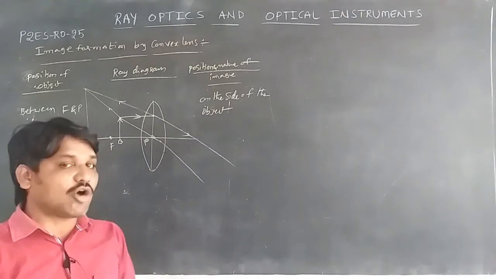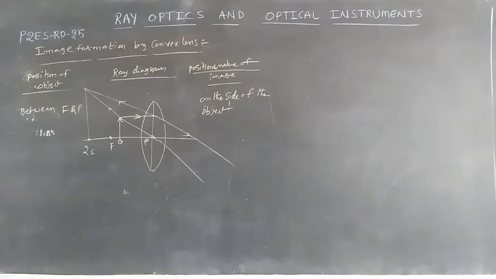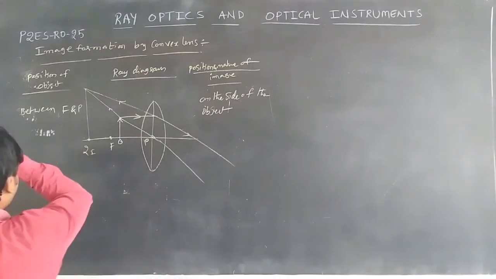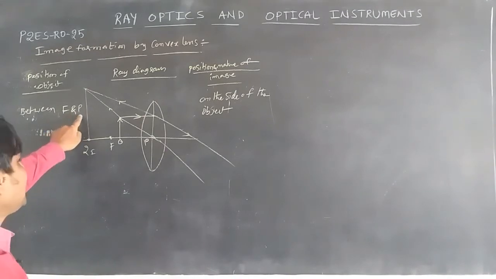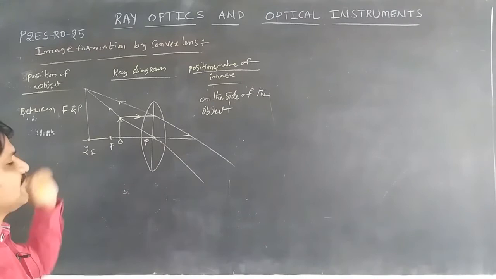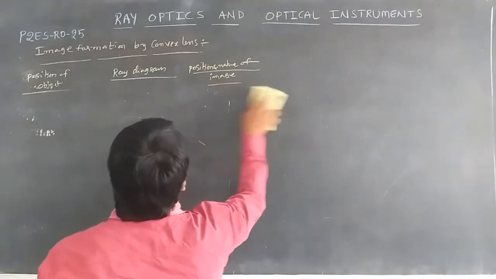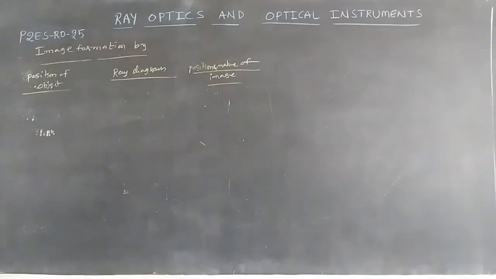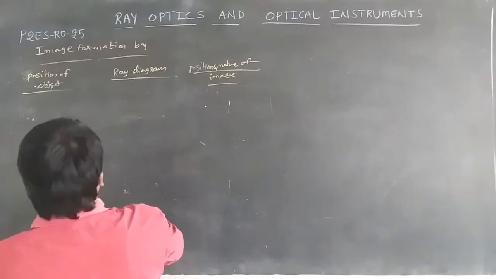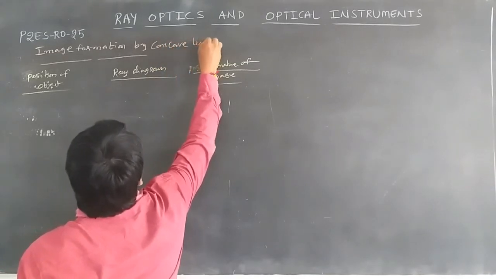If we take concave lenses, once again whenever the object is placed between f and p, the image is formed on the side of the object. Next, image formation by concave lens.